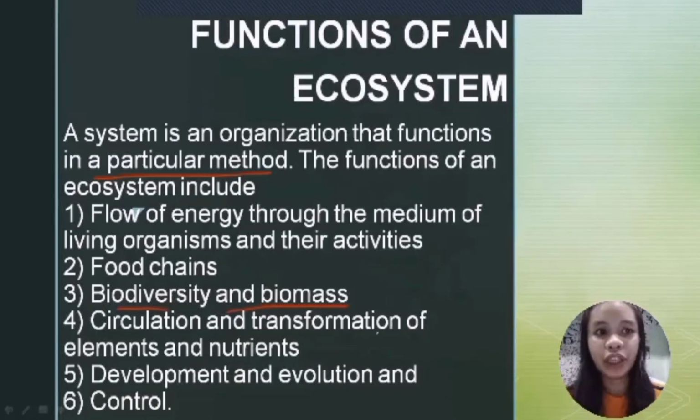Number 4 is the circulation and transformation of elements and nutrients. It is a nutrient cycling na tumutukoy sa pag-transfer or yung chemical transformation and recycling of nutrients in ecosystem. And yung 5 and 6 is development and evolution and control in ecosystems.